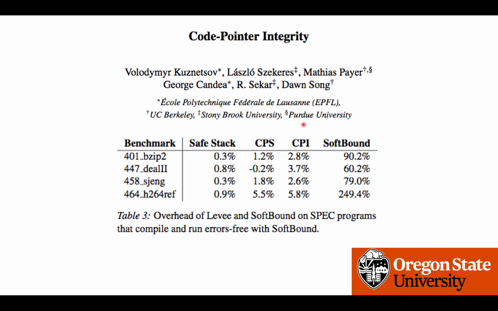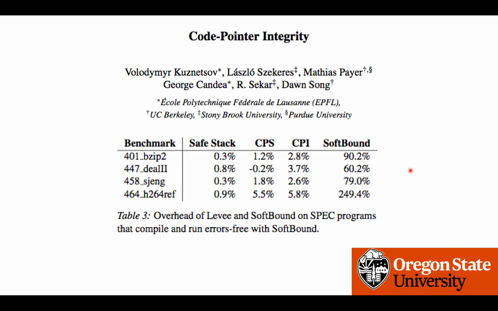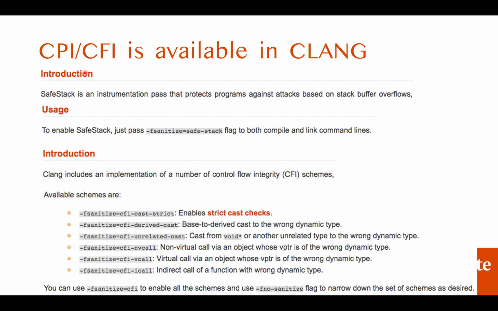The interesting point is that while control flow integrity exhibits around 20% performance overhead on average, code pointer integrity, the mechanism that provides a stronger guarantee, incurs around 8% overhead on average. So it has both better defense and better performance. CPI and part of CFI are available in the Clang compiler.